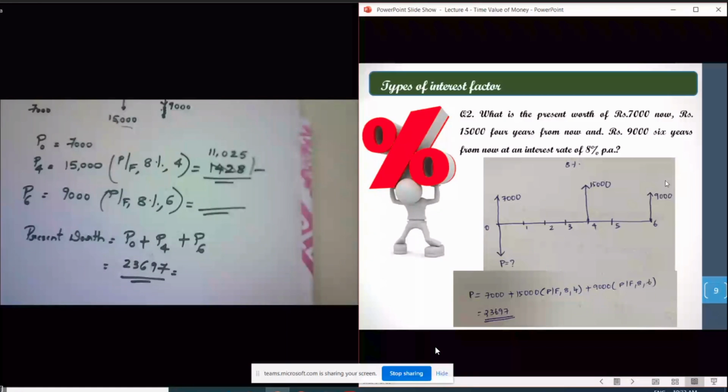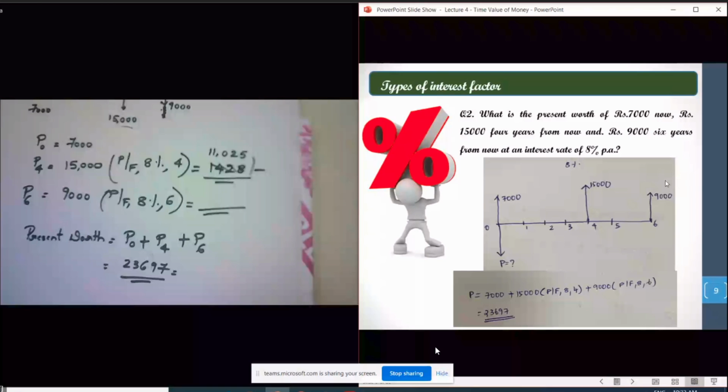See here, we will be calculating the value of these three deposits at time 0. Say, considering your PPT only, I want to make 3 withdrawals. I will withdraw in the current year, that is 7,000. Then I will be withdrawing 15,000 after 4 years. Then again at the end of the 6th year I will be withdrawing 9,000 rupees.